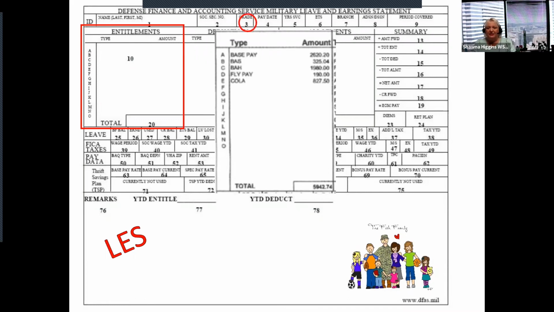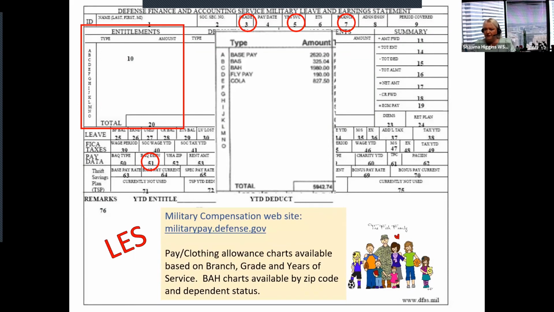And then to get there, there's different things that you're going to want to know to be able to figure out, I believe it's a clothing allowance, the grade, the years of service, the branch that they're in, and then I believe this is the dependent status.